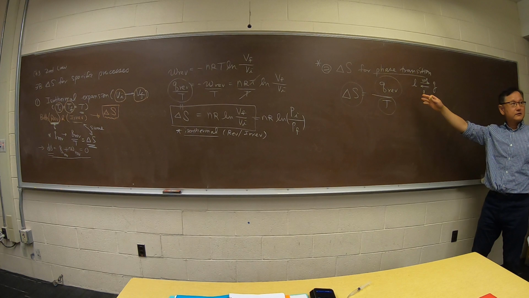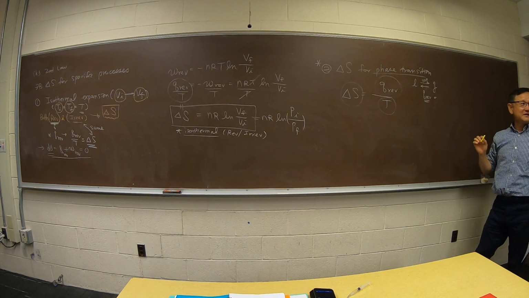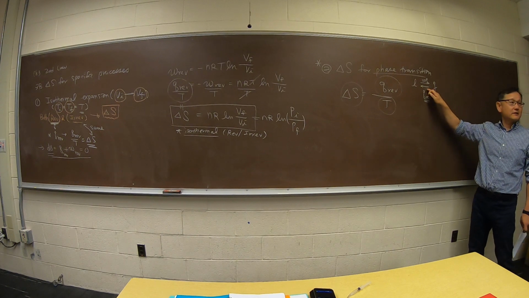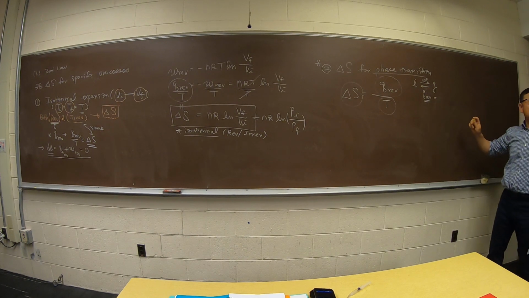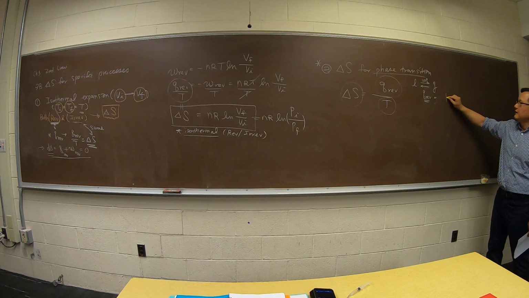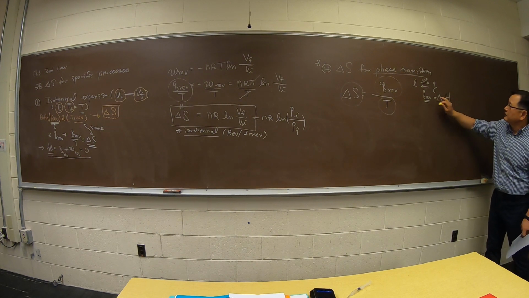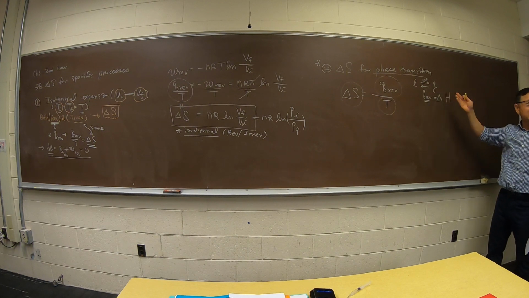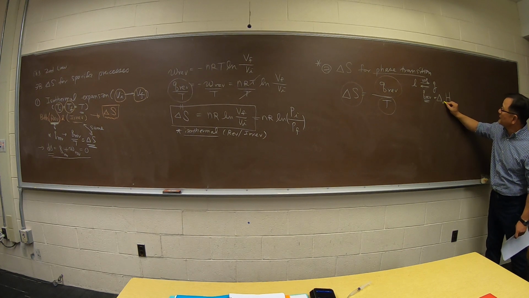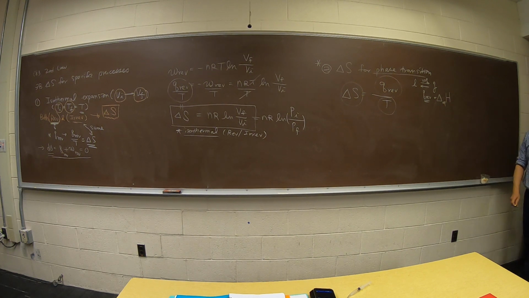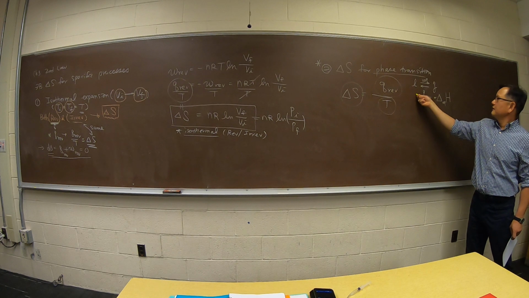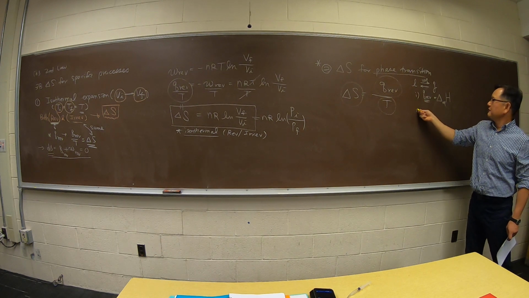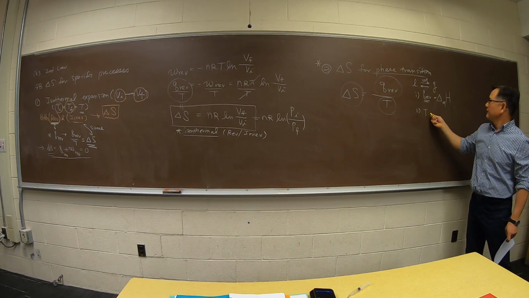It's heat under constant pressure, right? So what kind of symbol do you want to use? Delta H. And then you want to specify whether it's vaporization, sublimation, or melting. In this case, I'll just call it vaporization. So that part is a good clue. What about the T in here?